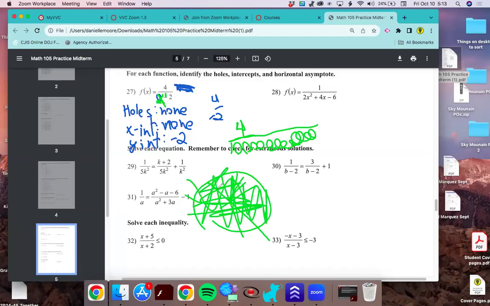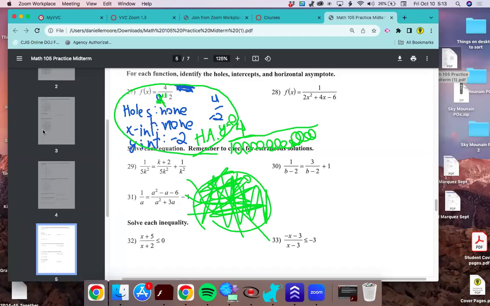That's almost nothing. So this does have a horizontal asymptote, and it is exactly 0. We'll say the horizontal asymptote is at a y value of 0. That's what goes on with that.